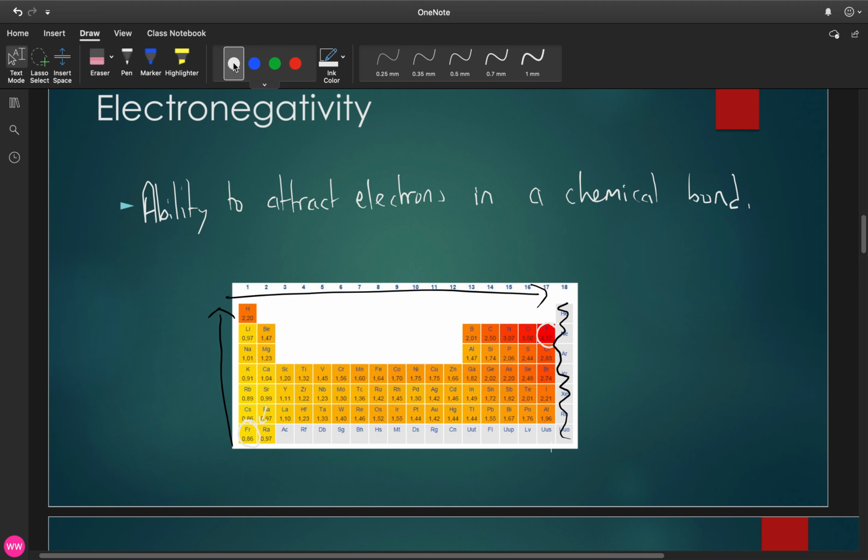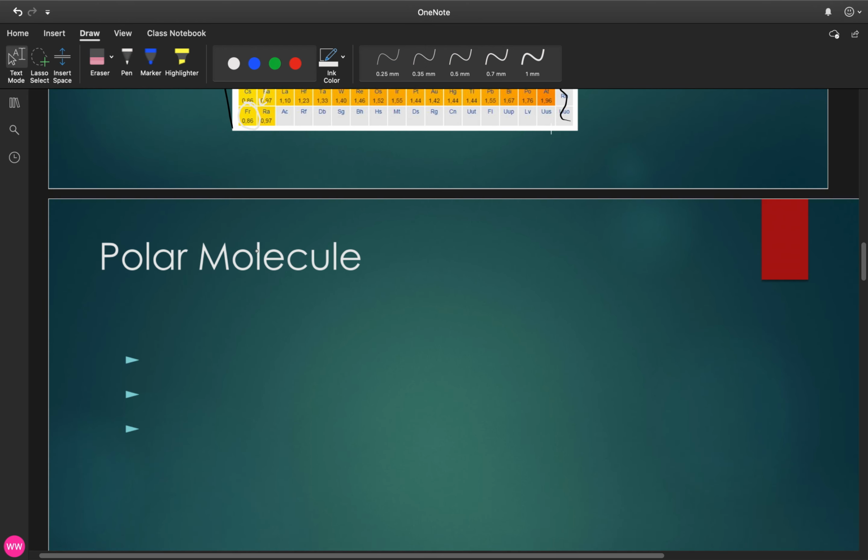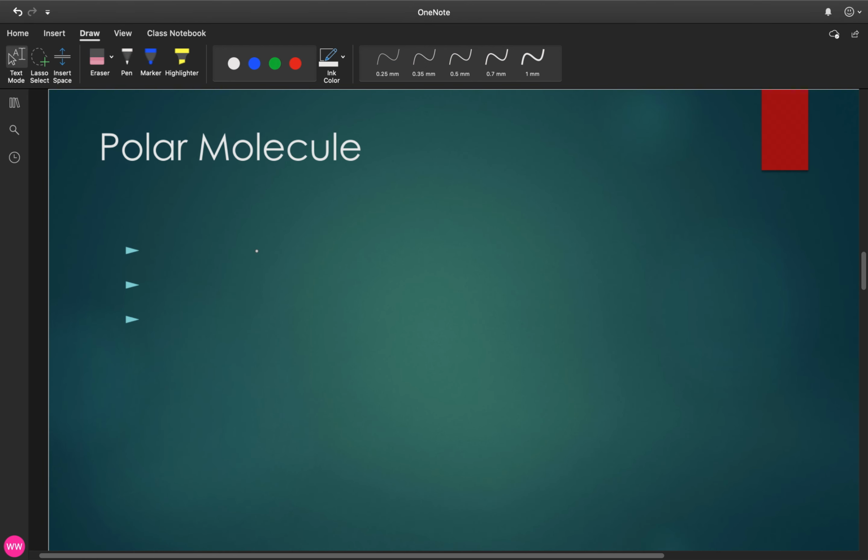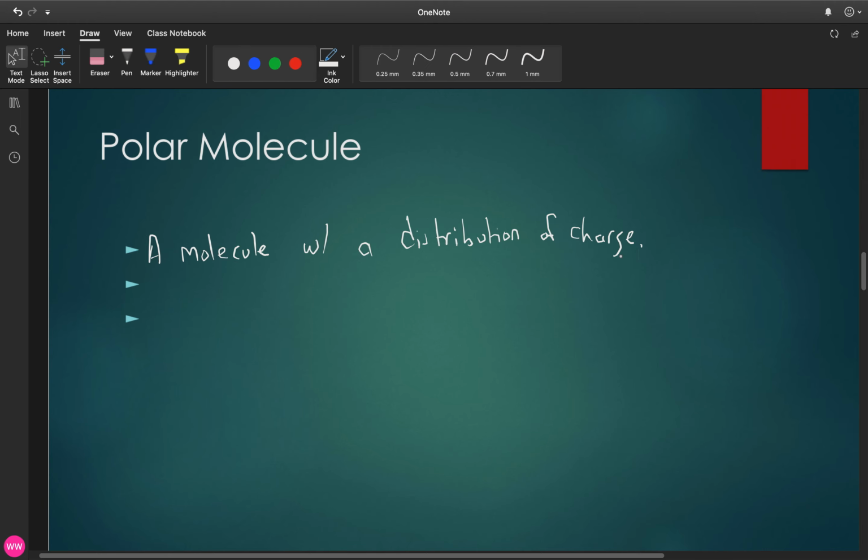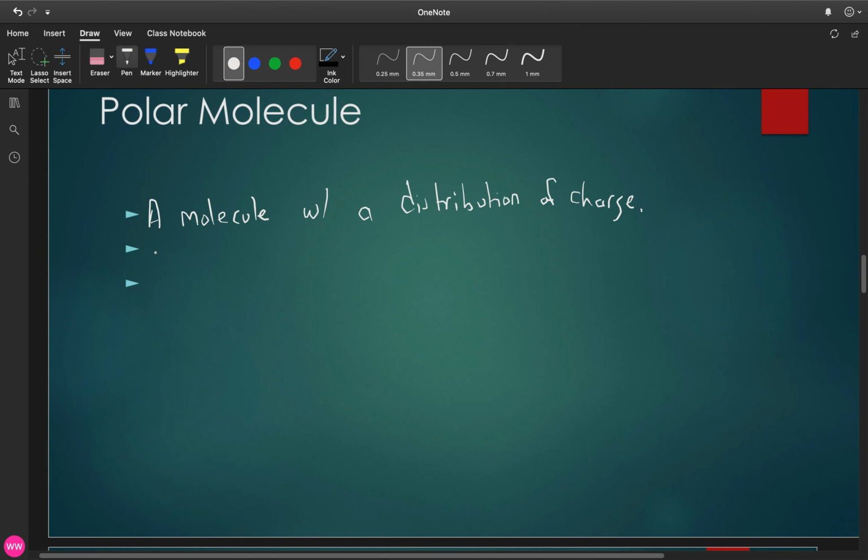And we use this to help identify if an entire molecule is polar or not. So remember, a polar molecule is going to be a molecule with a distribution of charge. And what this means is that part of the molecule is going to be slightly negative while the other is slightly positive.